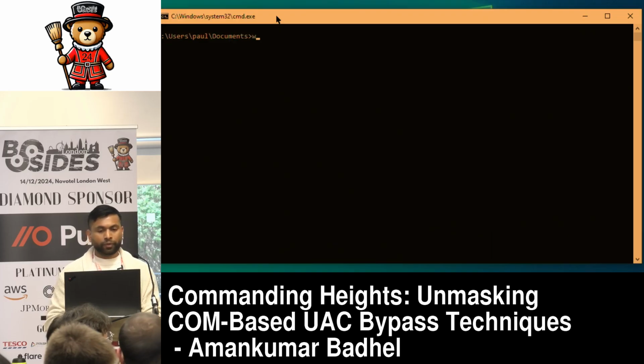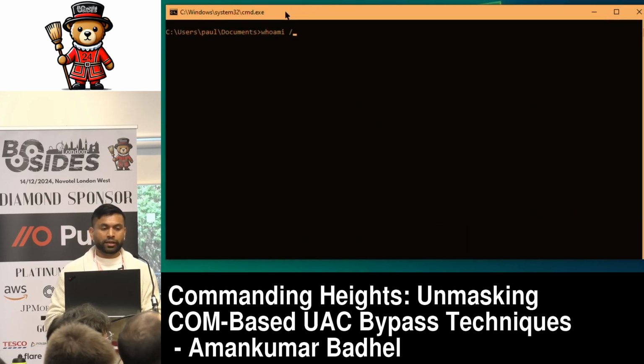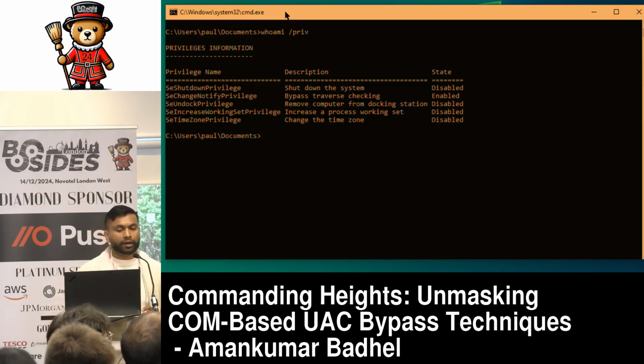So I have a low privilege shell running here, and I'm currently running at a medium integrity level. I'm verifying the privileges and integrity level via whoami commands, and then I'll use this shell to launch my exploit. While executing my exploit, I'll be passing cmd.exe as an argument.